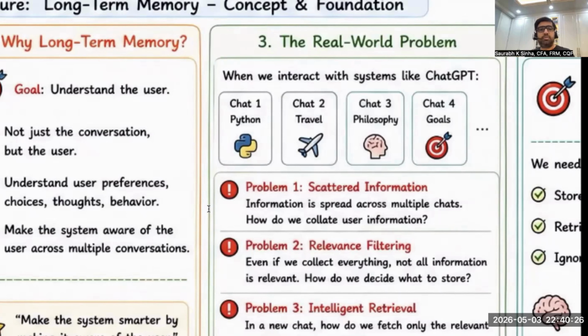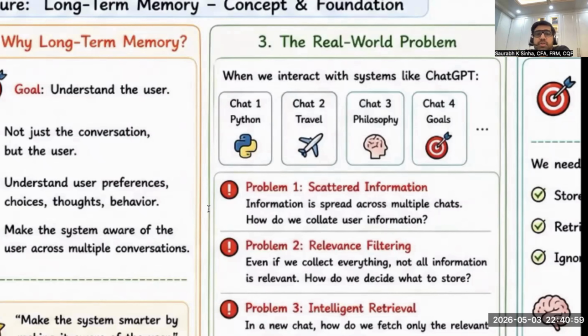Now, what are the problems? Take an example to understand the problem. Think about an agentic AI system with which you interact, for example, ChatGPT. How do you interact with ChatGPT? In one chat, you discuss your software preferences: I like Python. In another chat, you discuss your travel plans.